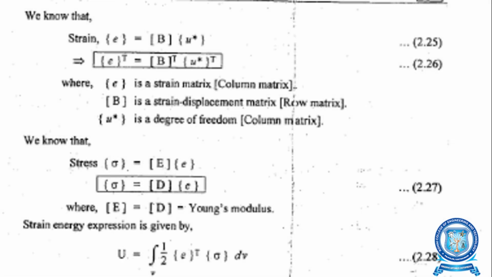Next is the strain matrix. The strain matrix is equal to B matrix into U star, so strain transpose is equal to B matrix transpose into U star transpose. The strain is a column matrix, the strain displacement matrix is a row matrix, and the degrees of freedom is a column matrix.